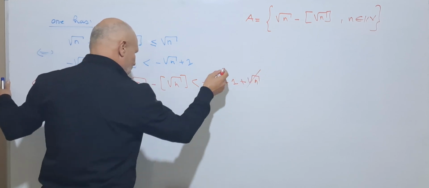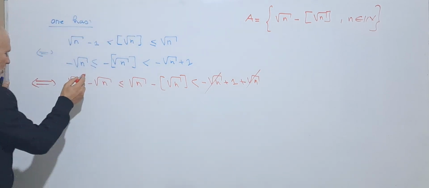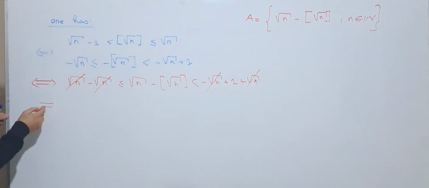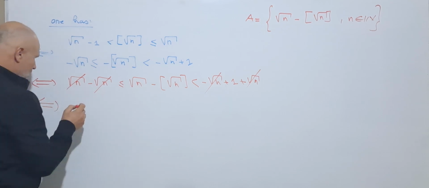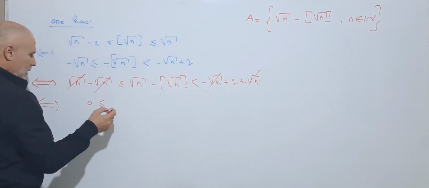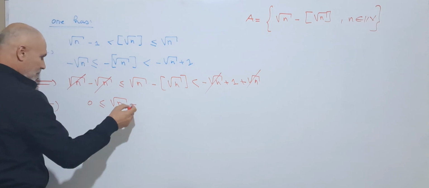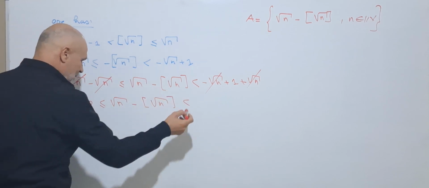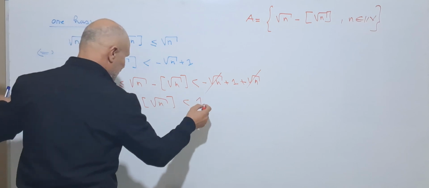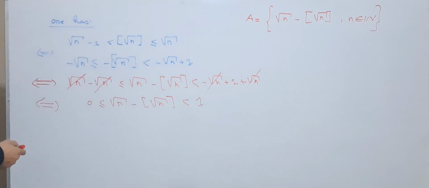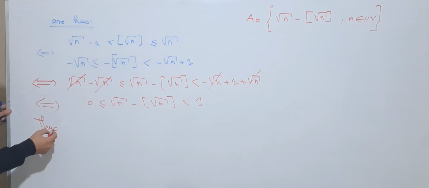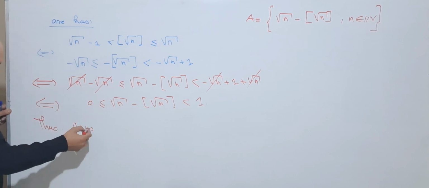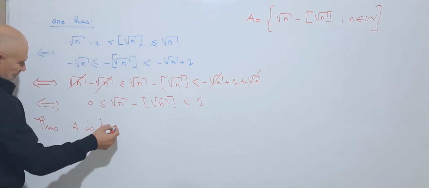So we cancel these terms, and we get 0 less than or equal to the square root of n minus the integer part of the square root of n, which is strictly less than 1. Then we can say that A is bounded. Thus, A is bounded.